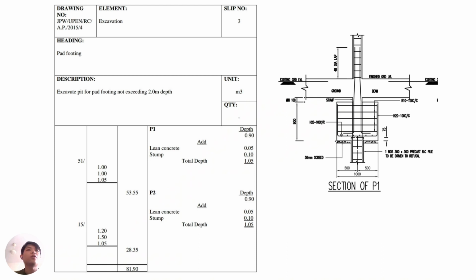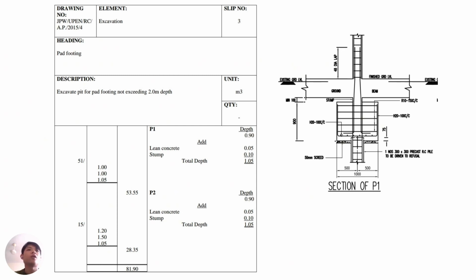The 1 meter over here, over the center column, is because 1 meter is the length of the P1 and the width of the P1. So the volume of the P1 can be calculated by 1 multiplied by 1 multiplied by the total depth, which is 1.05, and times 51.